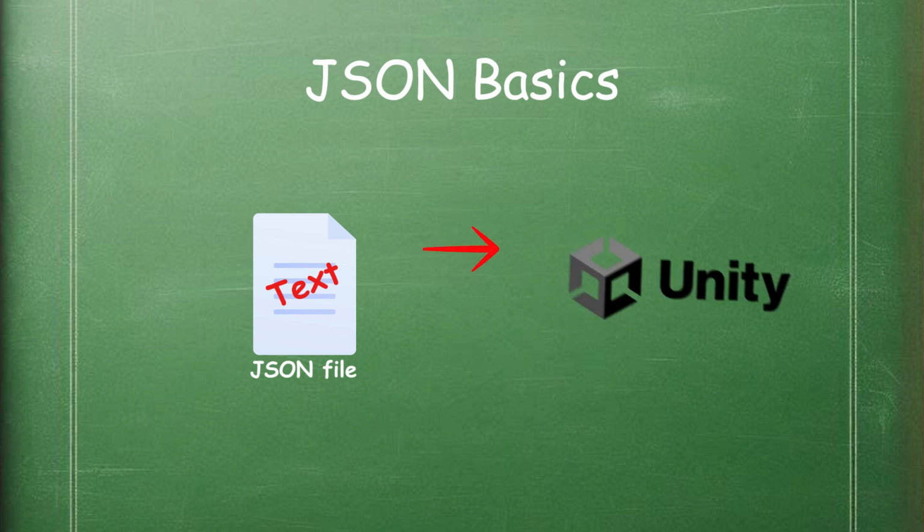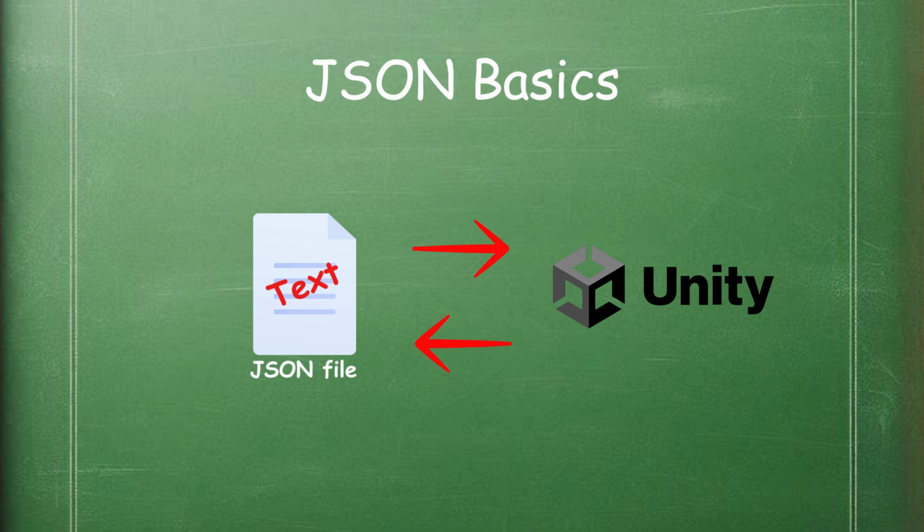We want to load this data and use it inside our game, as well as save the data from our game into the file. Converting the data from text to code is called deserialization, and converting it from code to text is called serialization. In our context, deserialization is loading data, and serialization is saving data.